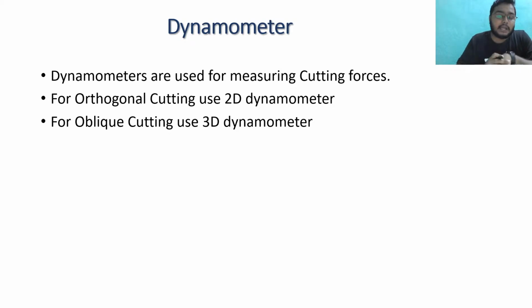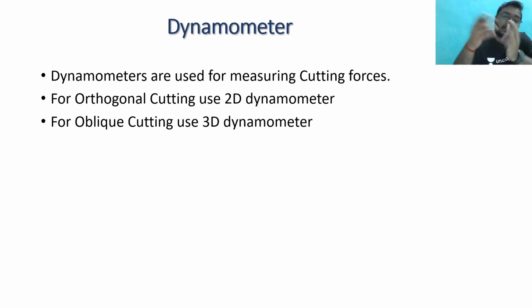Next part is dynamometer. When I was introducing the merchant circle diagram in the earlier classes, I told you that there is an instrument that is used to measure the cutting forces.